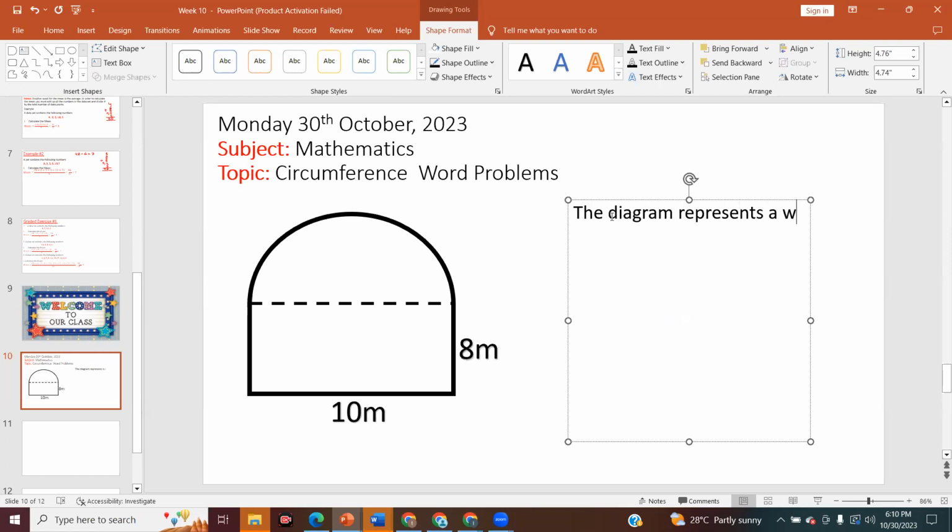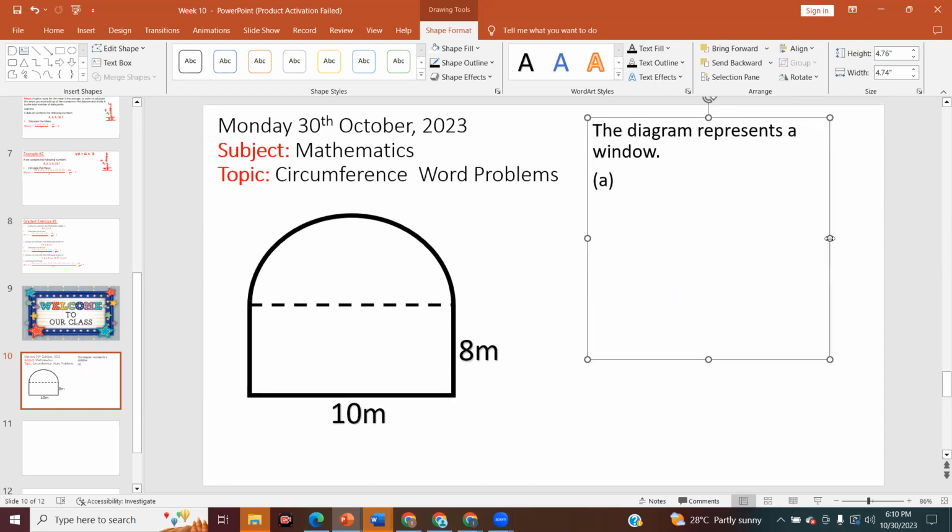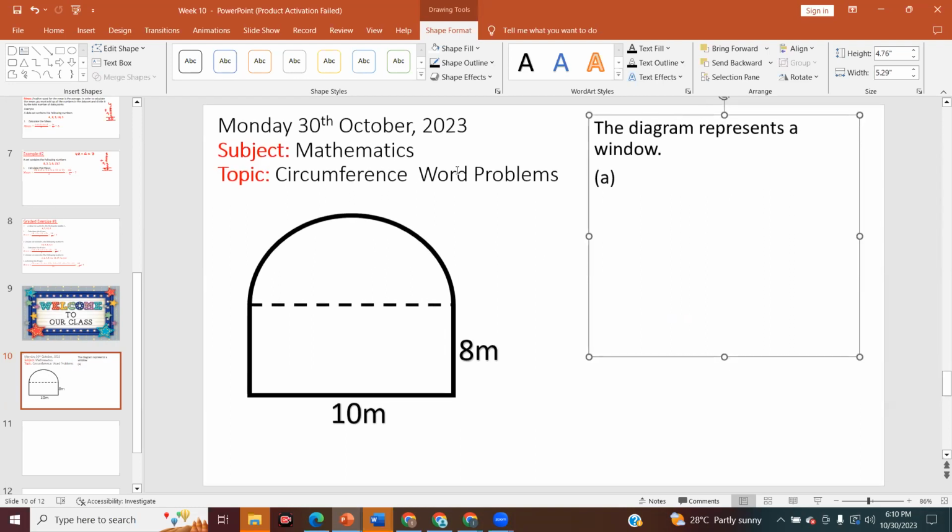I know we didn't finish the question though, so I want to revisit it and add some more questions to it. So the diagram represents a window. Write down the diameter of the semicircle.